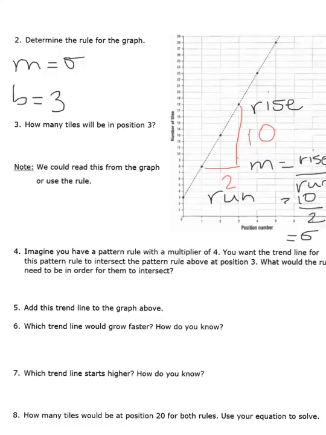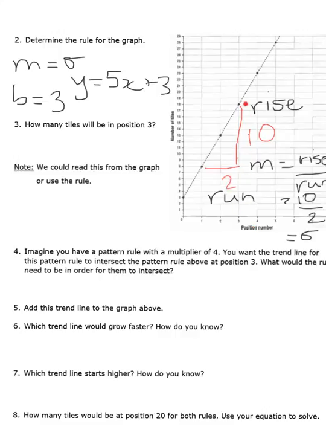Okay? So now I'm going to make a y equals equation. So my y equals my m, which we said was 5. My x always goes beside my multiplier, plus 3. Okay? For number 3, you're just going to look here. It's saying how many tiles will be in position 3. I find position 3 on my graph.